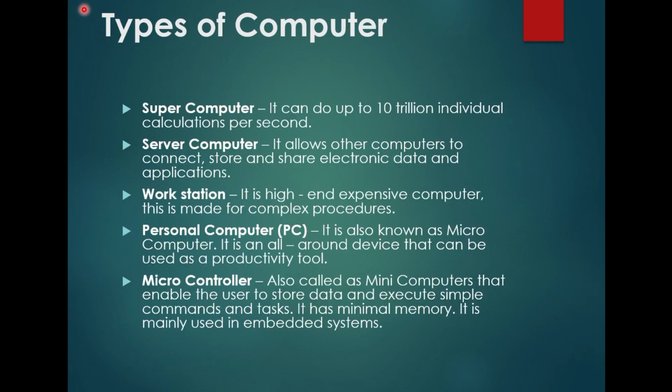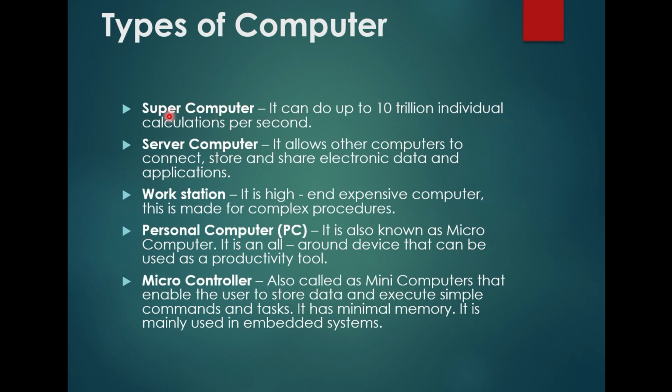The second topic of our introduction to C is types of computers: supercomputer, server computer, workstation computer, personal computer, microcontroller computer. These are the types of computers. I think there is no need for explanation. Just read the definitions.